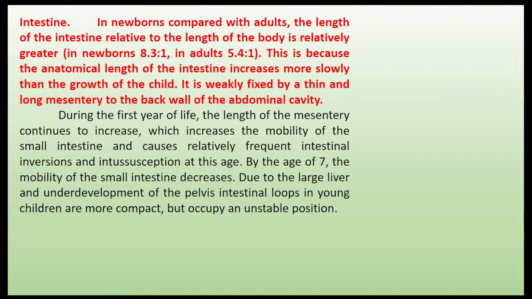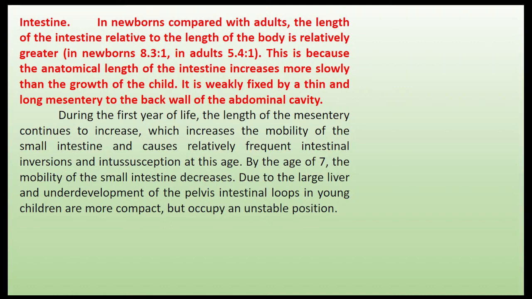growth of the body. It's weakly fixed by a thin and long mesentery to the back wall of the abdominal cavity. During the first years of life, the length of the mesentery continues to increase with increase of mobility of the small intestine and causes relatively frequent intestinal inversions and intussusceptions at this age.